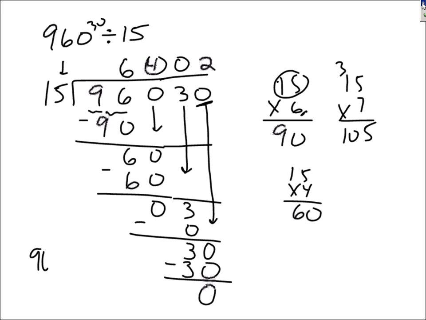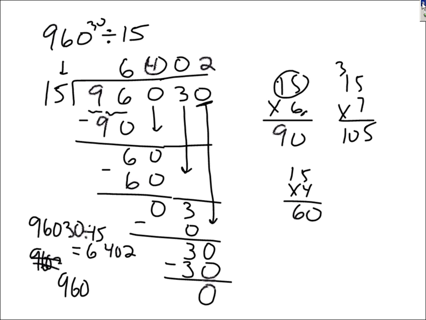If you did 96030 divided by 15, the answer would be 6402. If you did the original problem divided by 15, the answer was just 64. So I kind of slipped in 2 problems.